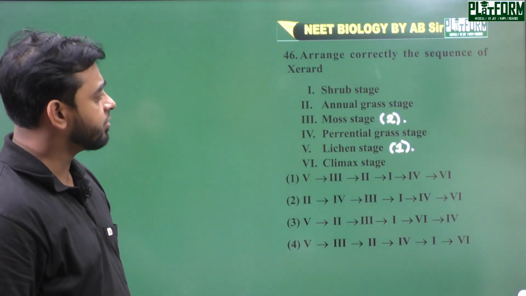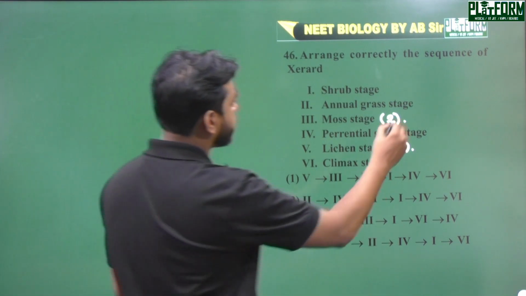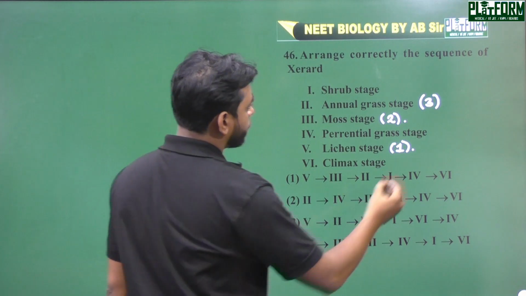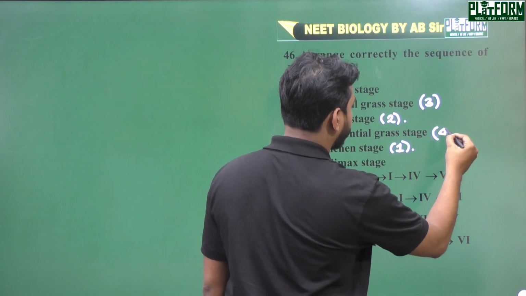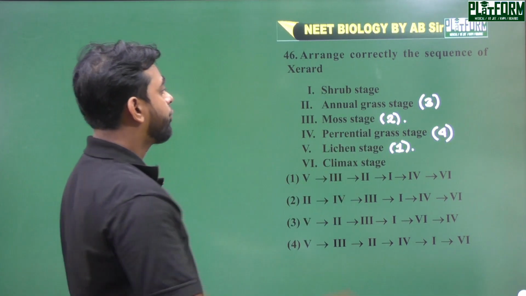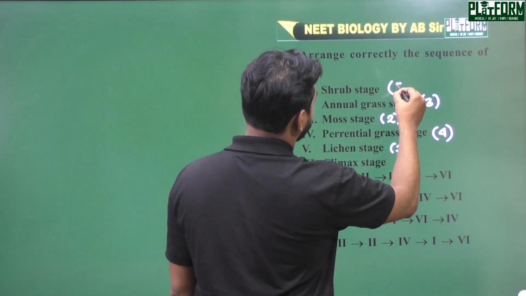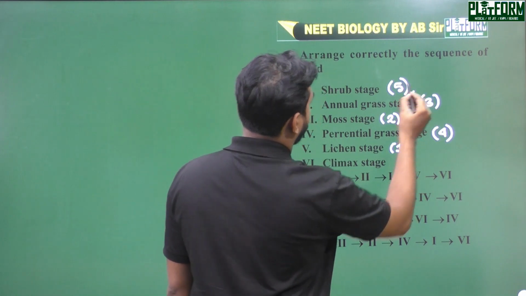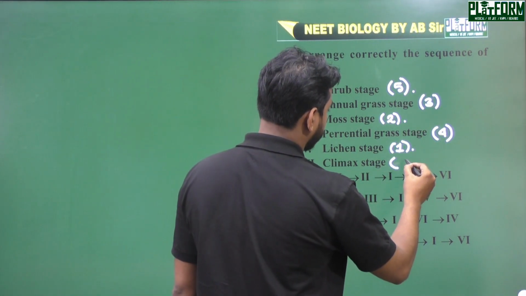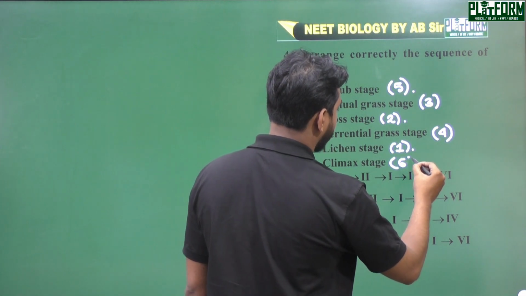Now the mosses get replaced by the annual grasses, which is followed by the perennial grasses, herbaceous members, followed by shrubs, and this is followed by the last, that is the climax stage.